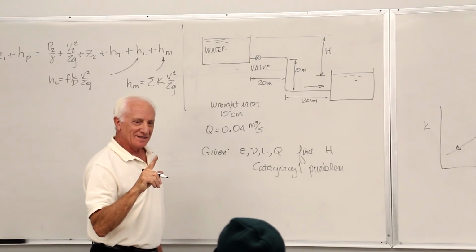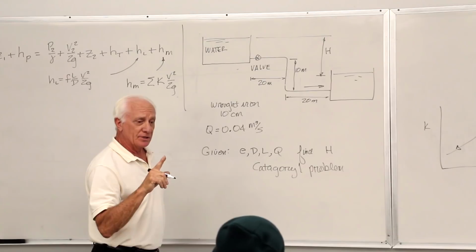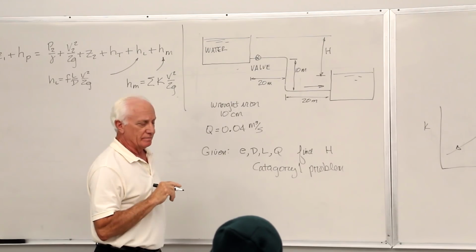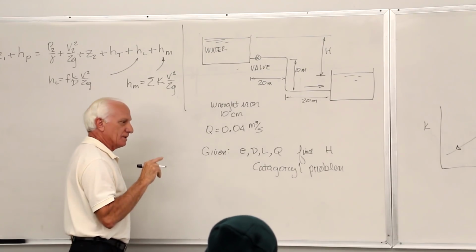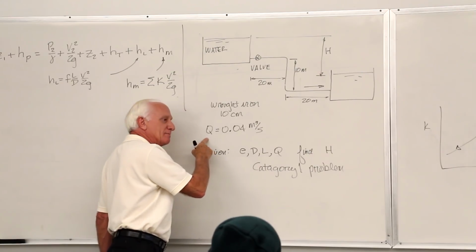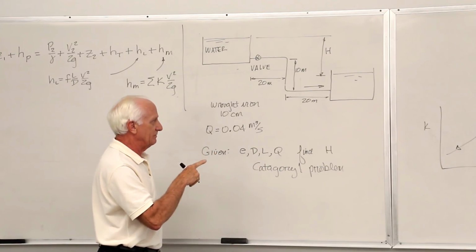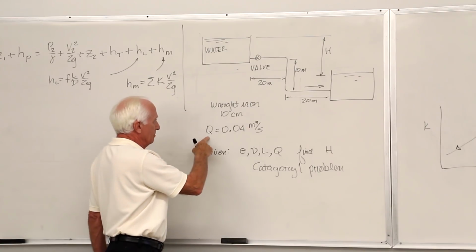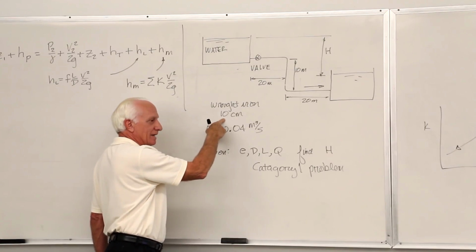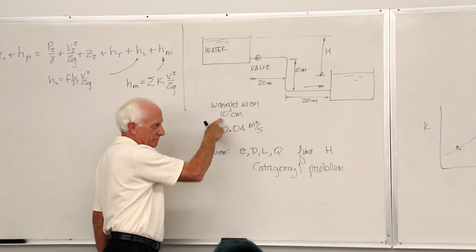So when somebody says, I'm giving you the pipe material, you know they're saying, I'm giving you E. If somebody says to you, I'm giving you the volumetric flow rate with the pipe diameter, they're telling you, I'm giving you velocity V. Do I have Q? Yes. Do I have diameter? Yes. Can I find V? Of course.